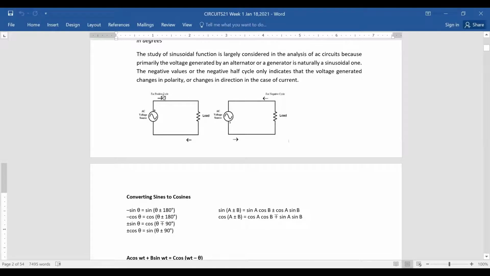Now for the current, if the direction of the current for the positive half cycle is, say, from left to right, then if you consider the negative half cycle, the direction of the current will be opposite from the first direction of our current. So this time, the direction is from right to left instead of from left to right.